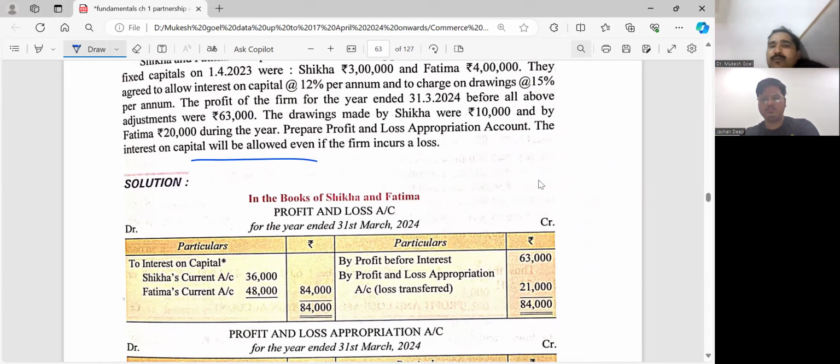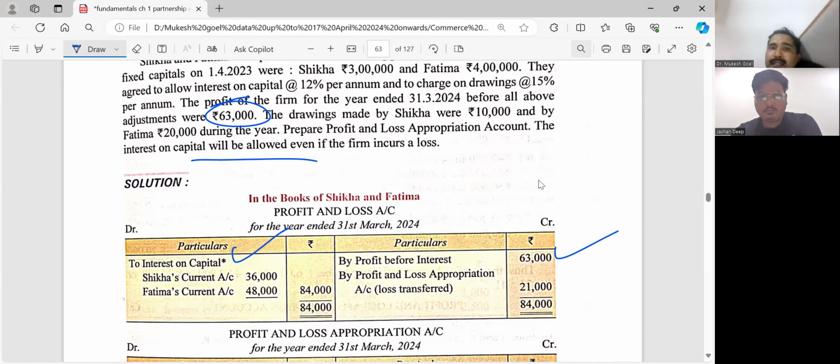It is given as a charge on profit. So first of all, the profit and loss account will be prepared. Profit 63,000 is transferred in the profit and loss account, and we will charge interest in the profit and loss account, because interest is a charge on profit, not an appropriation.